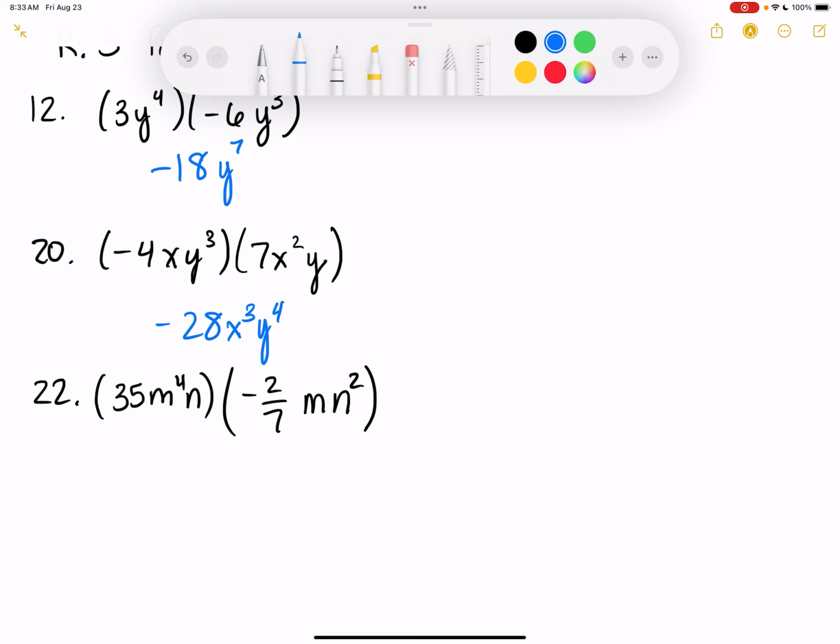And so I can reduce or cancel the 7 and this 35 because 7 goes into 35 5 times. So then when I multiply the numbers, I'm going to get negative 10. And then when I do the variables, what do I get for m? And what about n? Yep.